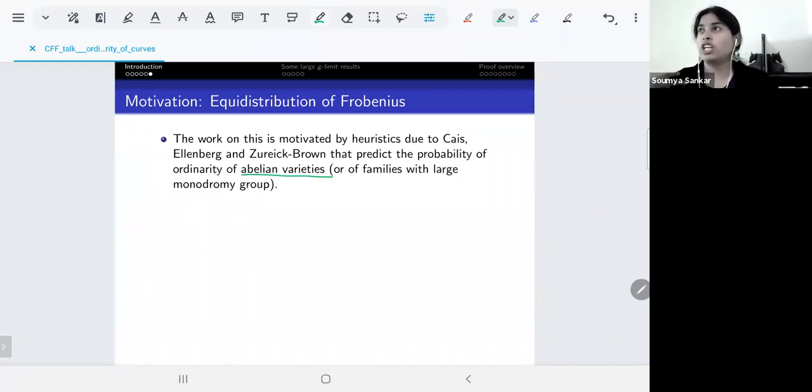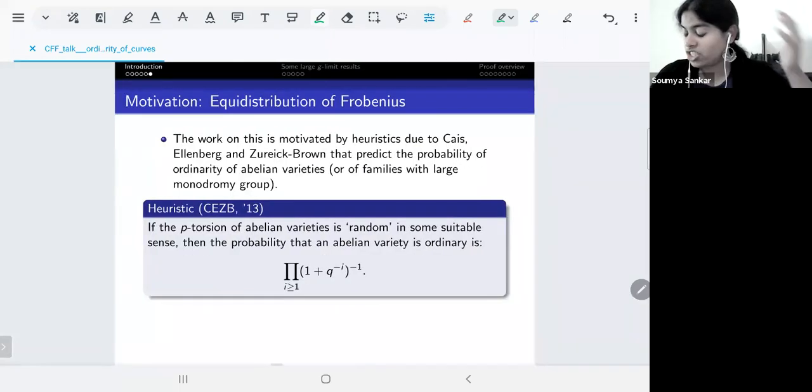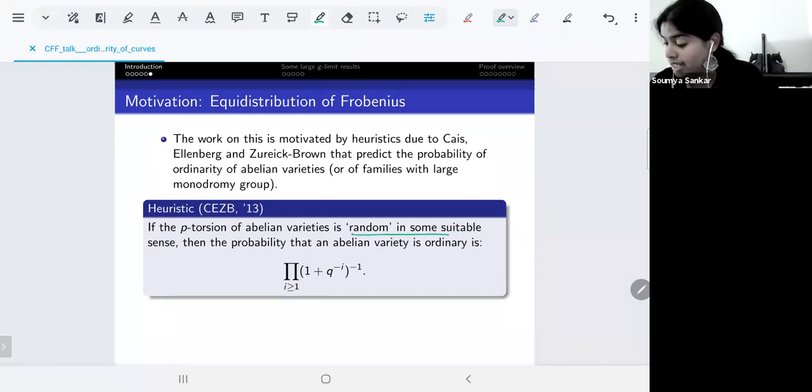Maybe you can somehow model the p-divisible group of an abelian variety using the Dieudonné module. And if you say that the Dieudonné module is random in some sense, then what should you expect from an abelian variety? What they predict is that the probability of being ordinary, if it's random in some sense, which I'll say in a bit, is given by this nice product.